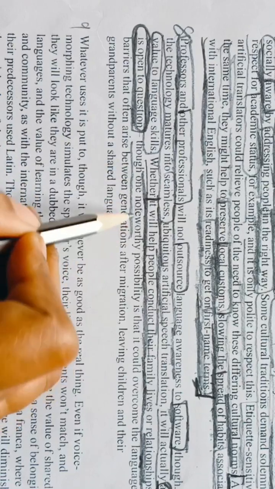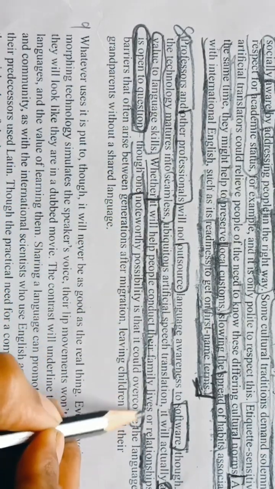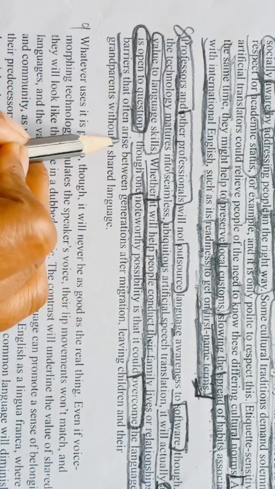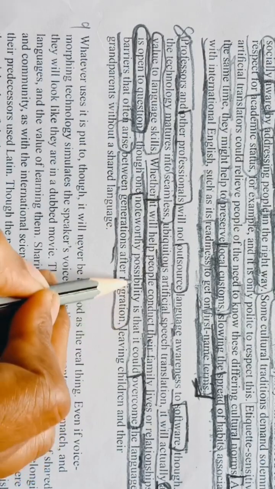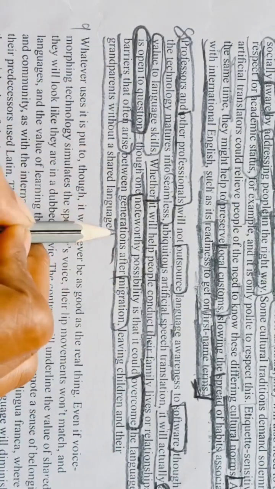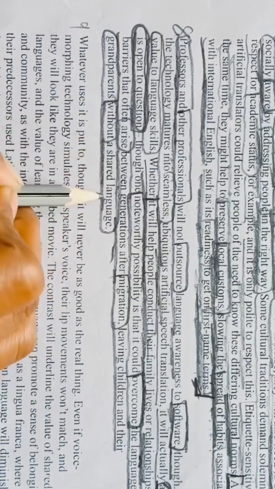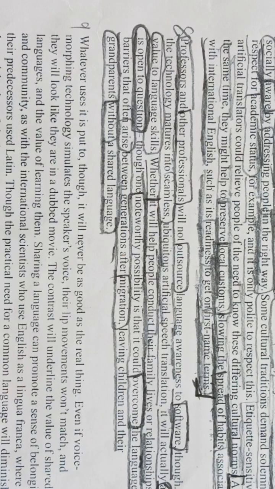Though one noteworthy possibility is that it would overcome the language barriers that often arise between generations after migration, leaving children and their grandparents without a shared language. Okay, so we are getting so many things. So let's see our first question.